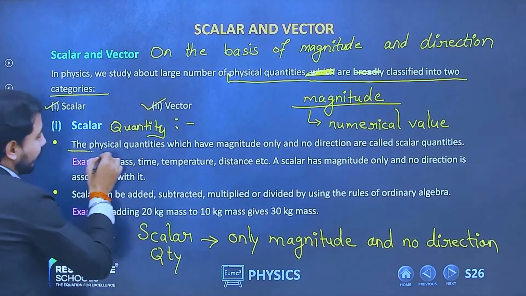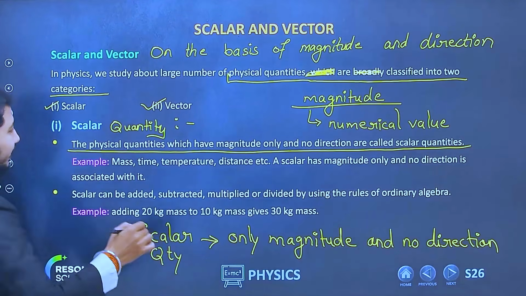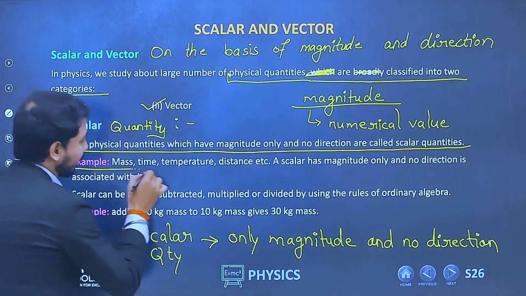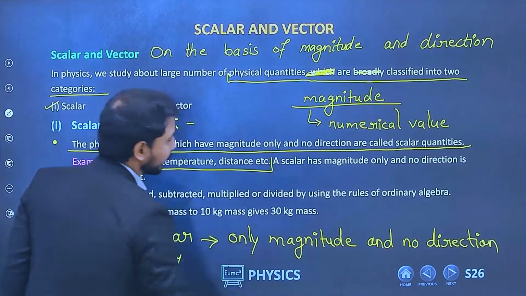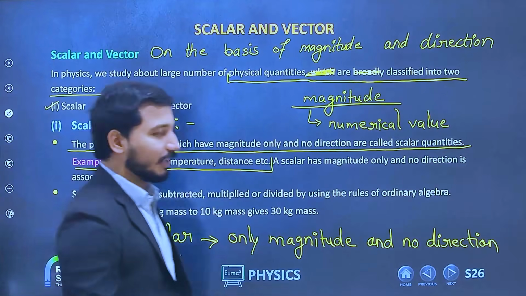And you will write this line: the physical quantities which have magnitude and no direction are called scalar quantity. After that, you will write these examples: mass, time, temperature, distance, etc. These two lines, please note down fast and let me know.